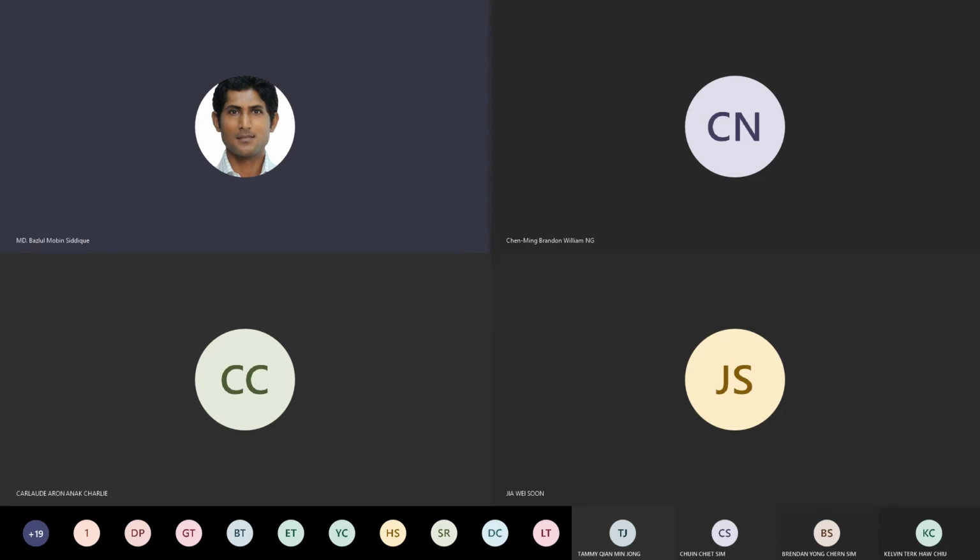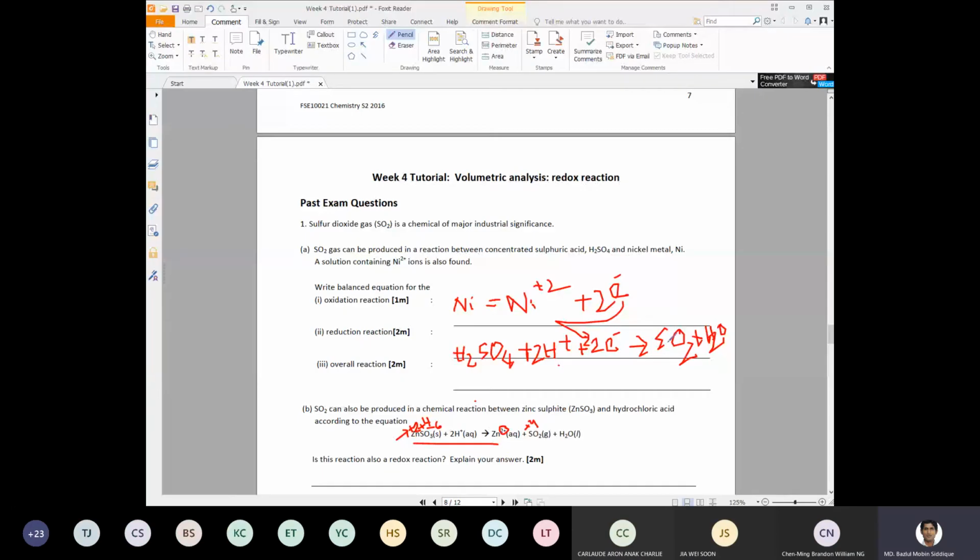Question 1, A2, reduction of sulfur. Oh, okay. You're asking why it is sulfur dioxide, not sulfur tetroxide?